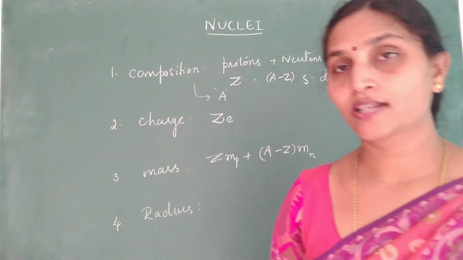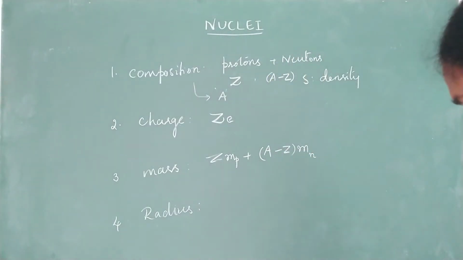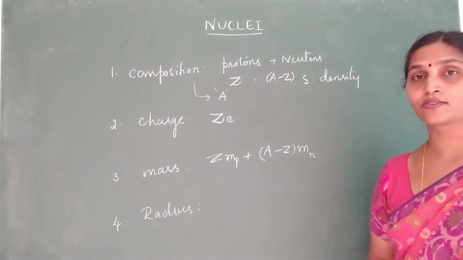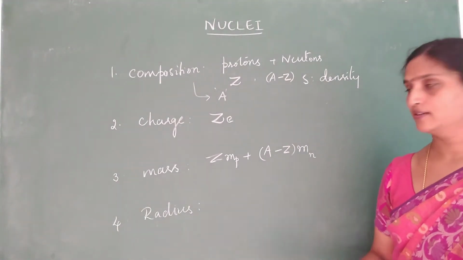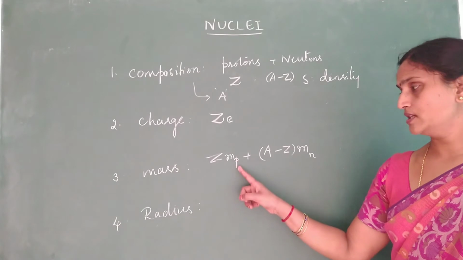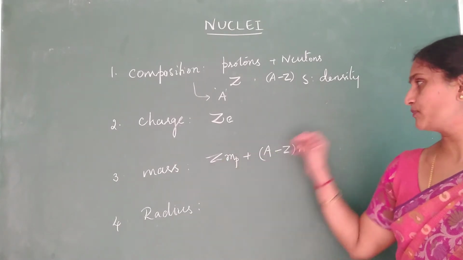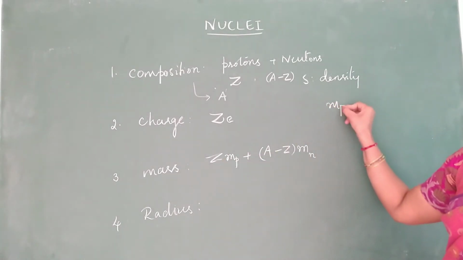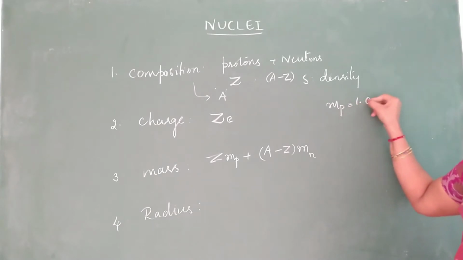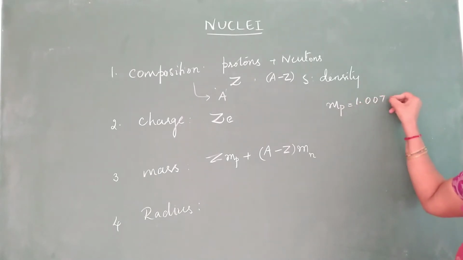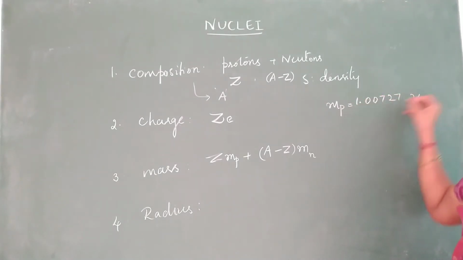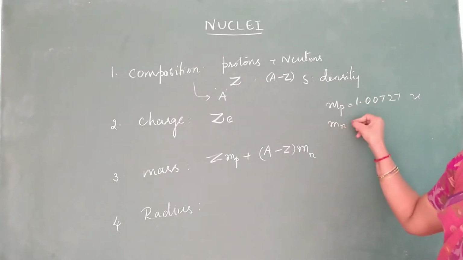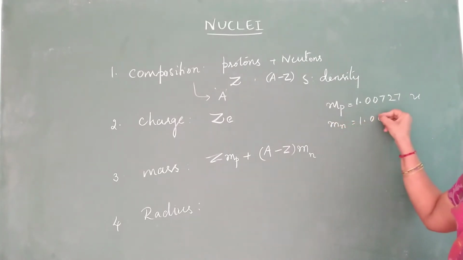While dealing with atomic masses, we use atomic mass unit for measuring the masses. In terms of amu, you can remember these values: mass of proton is 1.00727, mass of neutron is 1.00866.